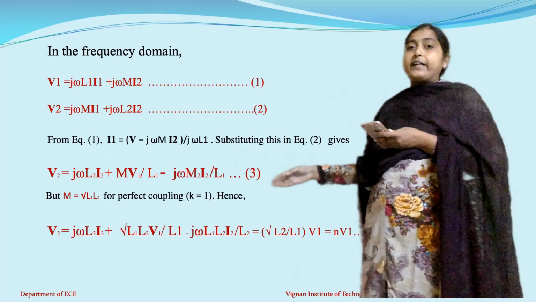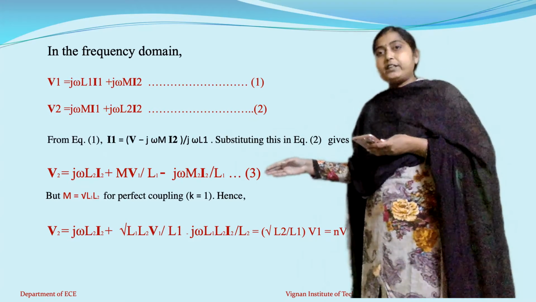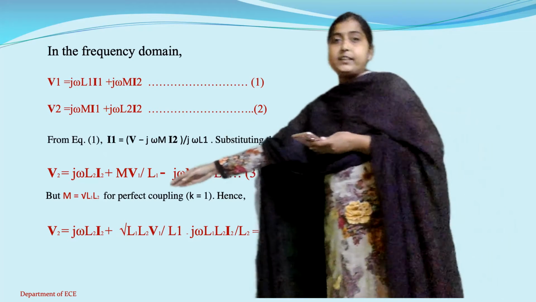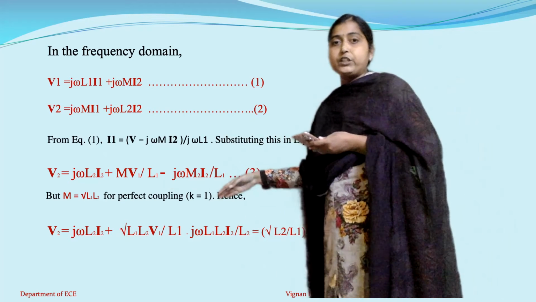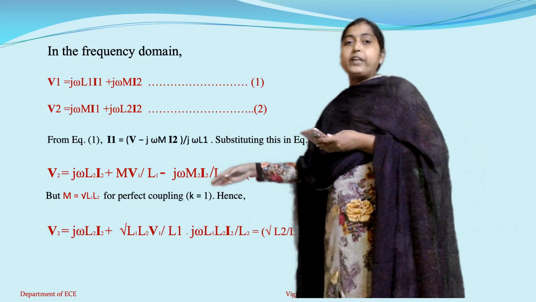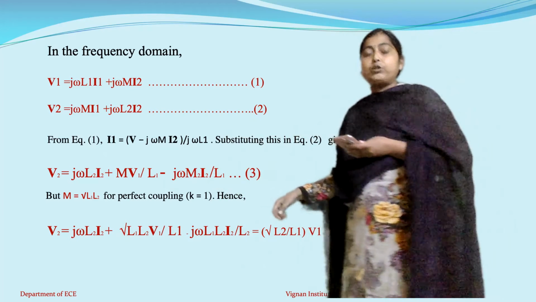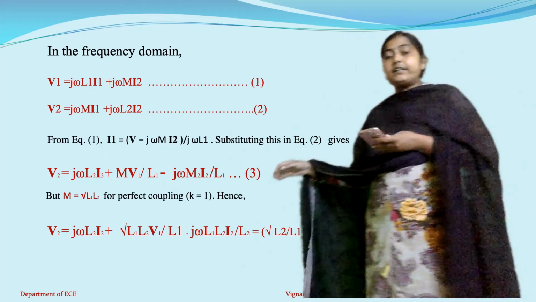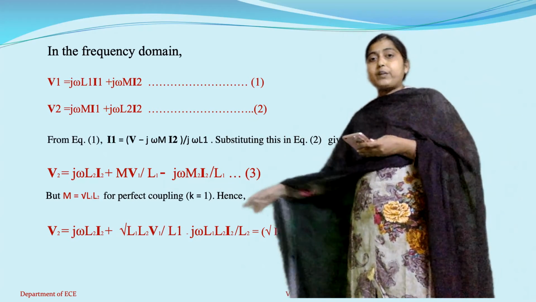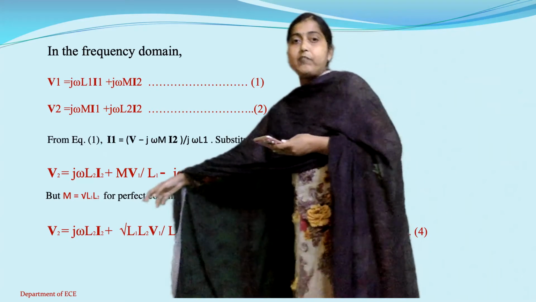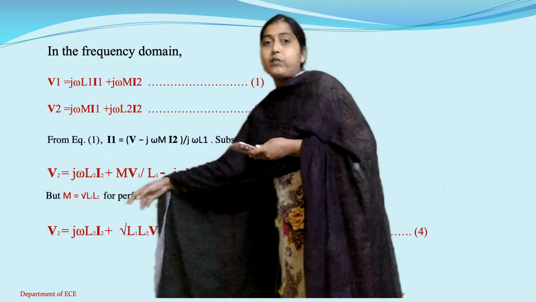Now we know the relationship between the self inductances L1 and L2 and the mutual inductance M with respect to the coefficient of coupling K: M is equal to K into the square root of L1 and L2, which we proved in the previous class. For an ideal transformer, the coefficient of coupling K is equal to 1. Therefore, M is equal to the square root of L1 into L2.